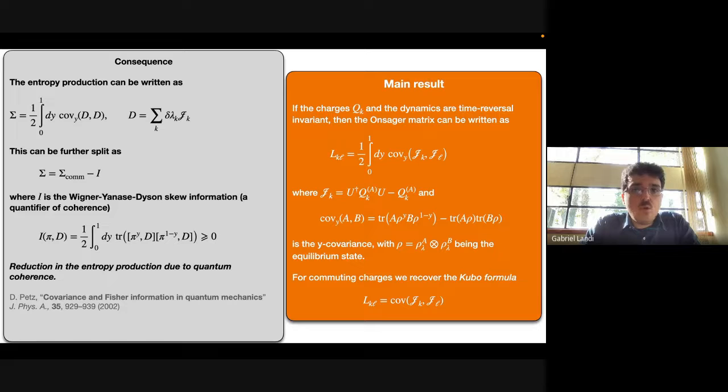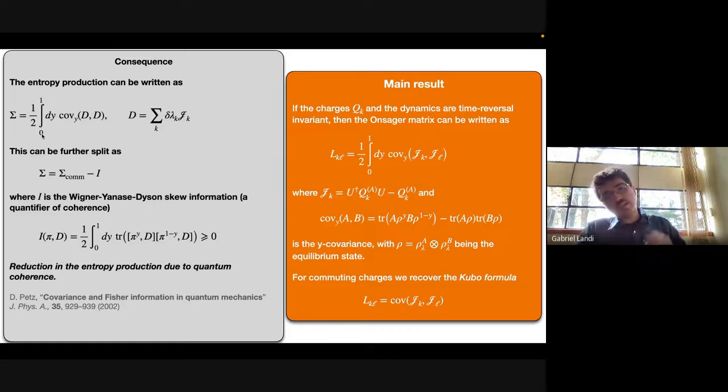Okay. And now what is the consequence of this main result? Well, the most interesting one, in my opinion, concerns the entropy production. From this, it follows that the entropy production is also given by a Y covariance of this operator D here, where D is an operator which is just the gradients times the charges.